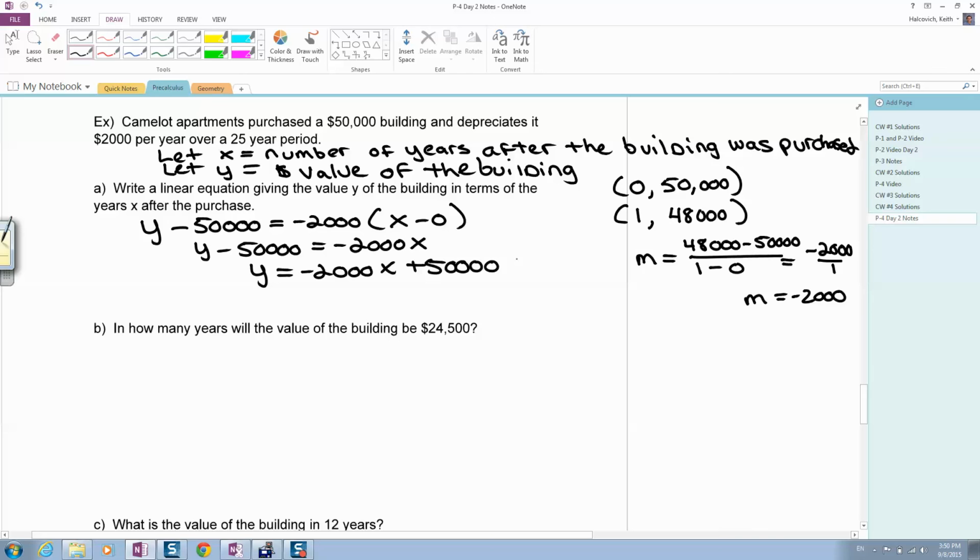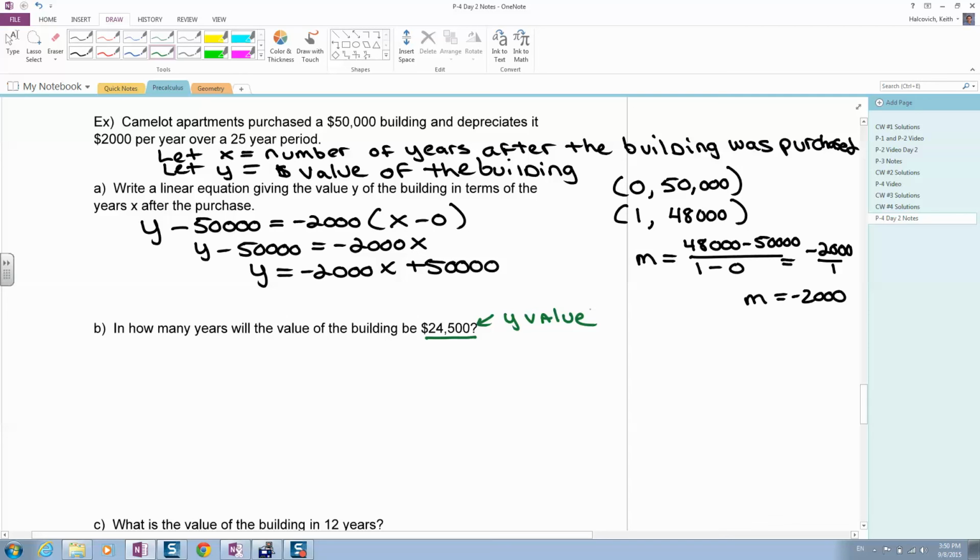So that is our equation. So now it wants to know in how many years will the value of the building be 24,500. So 24,500, this is a y value. This is the value of the building.